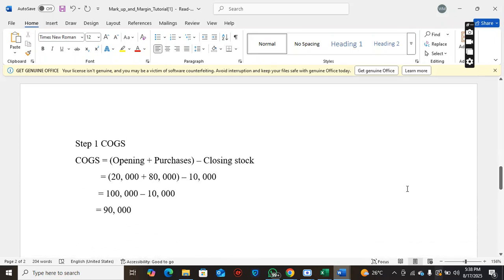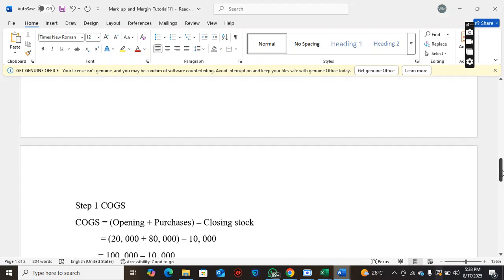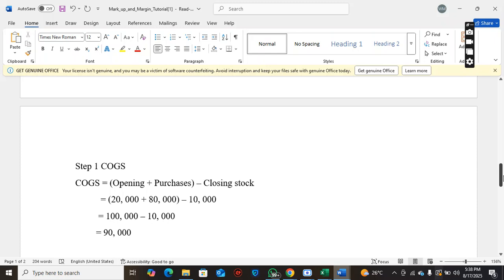Yes. So once we found cost of goods sold, we now need to determine our sales revenue. How do we get our sales revenue? I did it in example one. We use the markup.